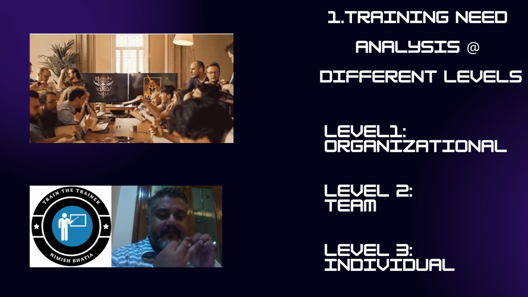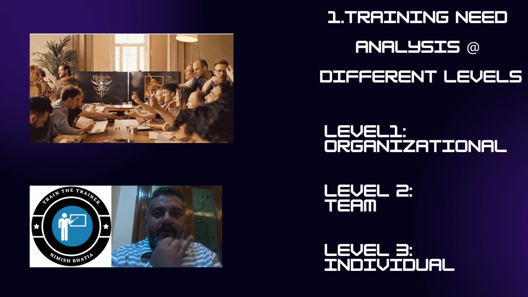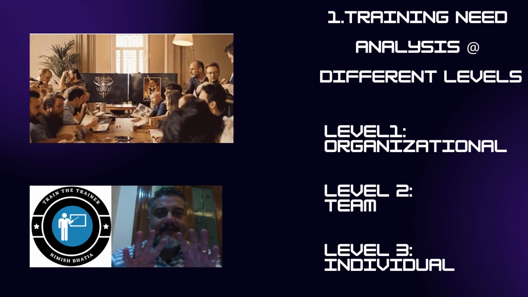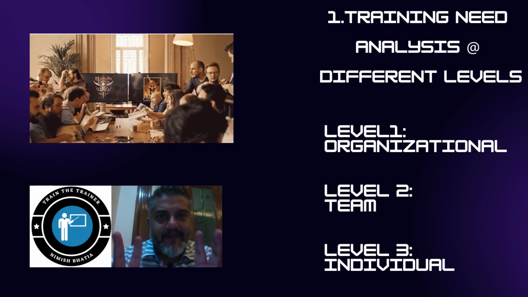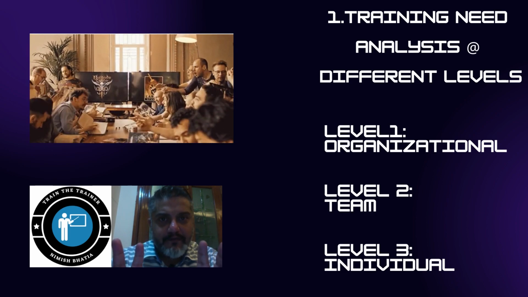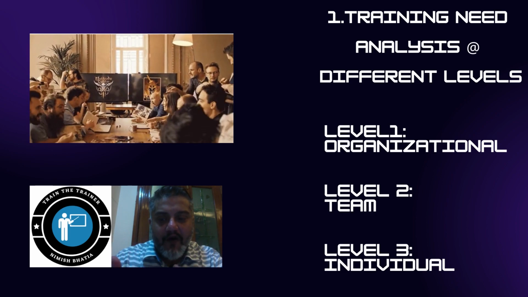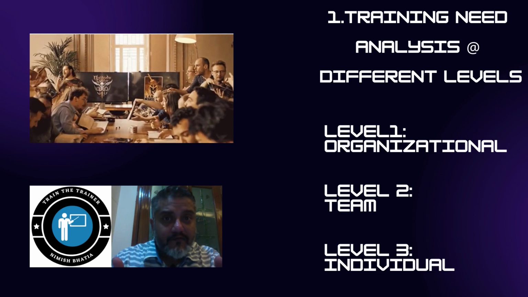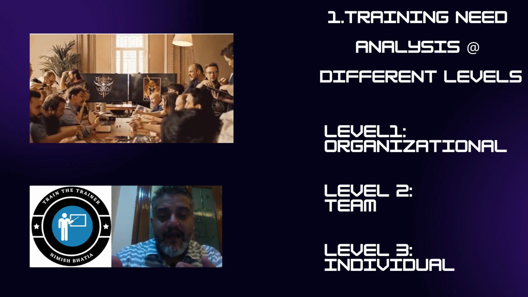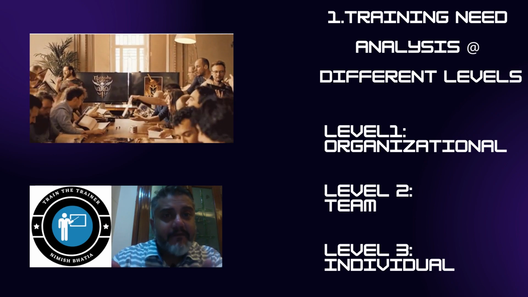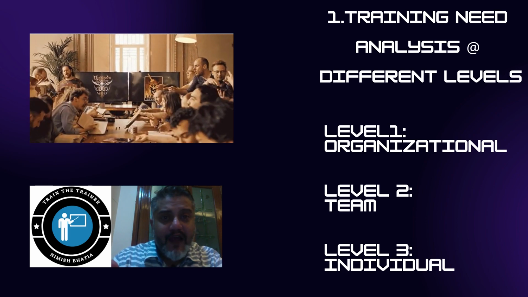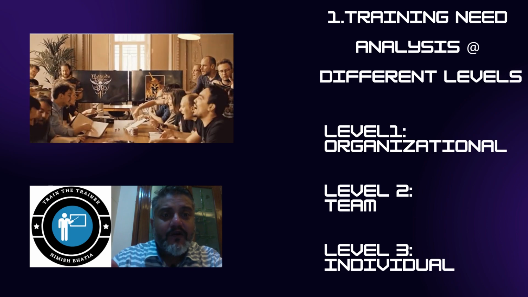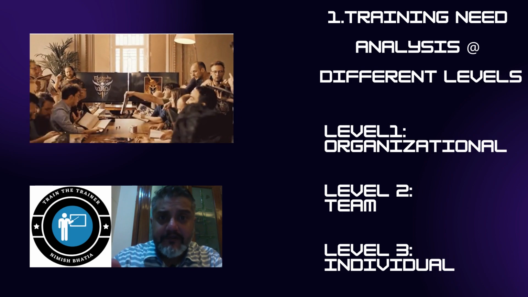Second level is at the team level. If an organization has a certain objective behind doing a particular workshop or a business goal, then every department has to contribute to that. So every department would have their own deliverables.